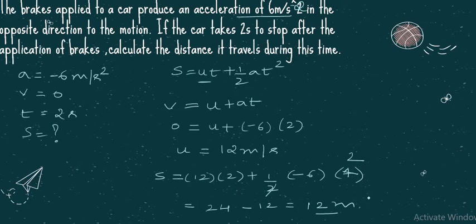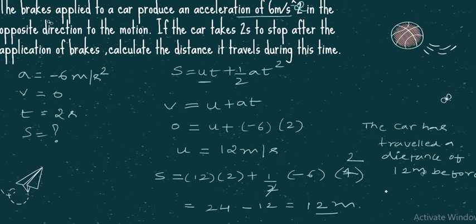After finding this, you can write the car has traveled a distance of 12 meter, okay, before it stops. How much it has traveled? It has traveled 12 meter, okay.